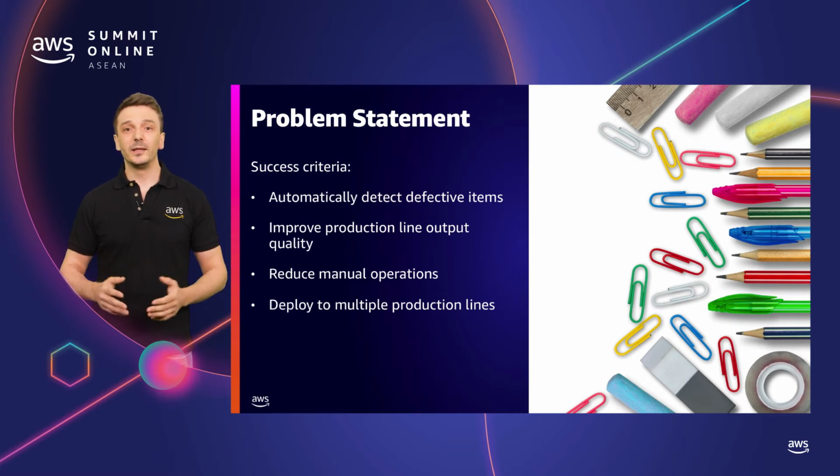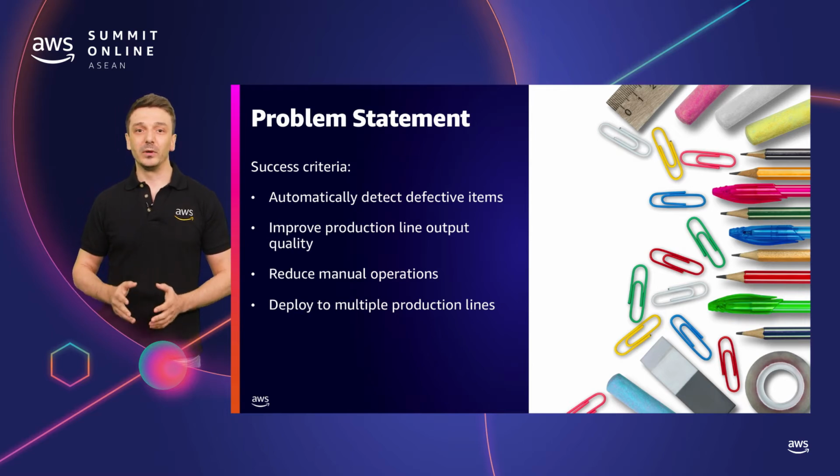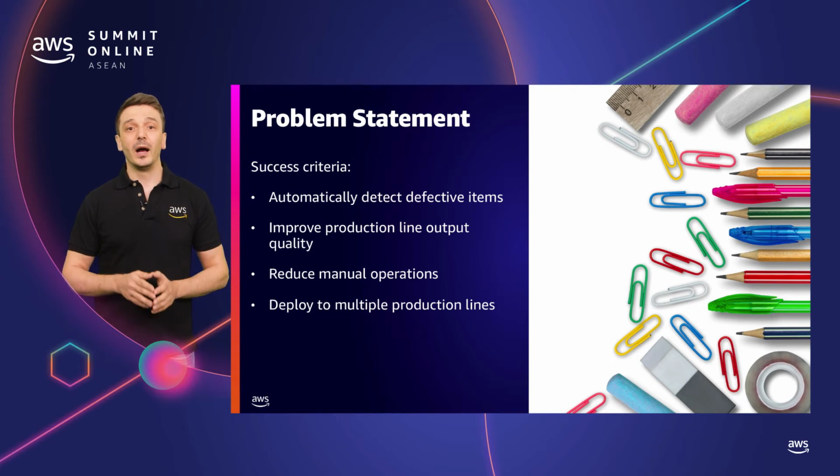The ultimate goal is to reduce defects to zero and generate an output that will only have items with expected quality, while allowing the customer to deploy this solution across other production lines where items might also be different. For example, some lines might have pens, other lines might have erasers.